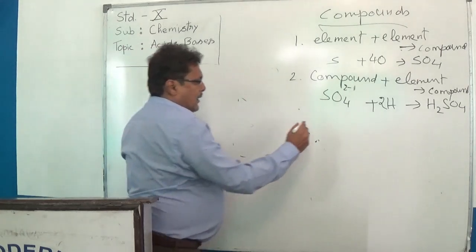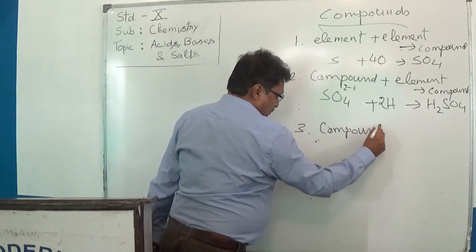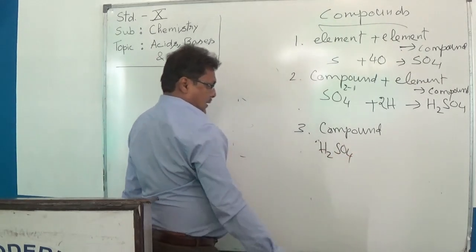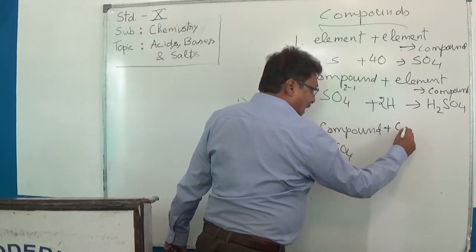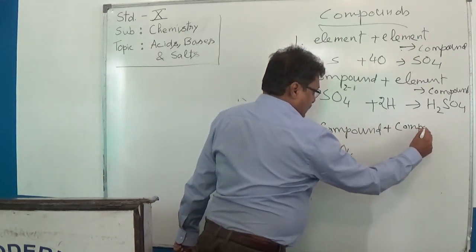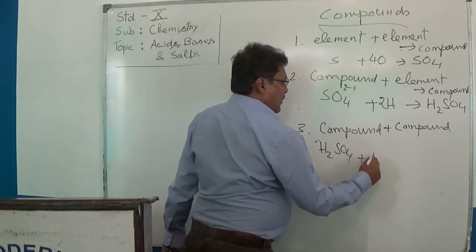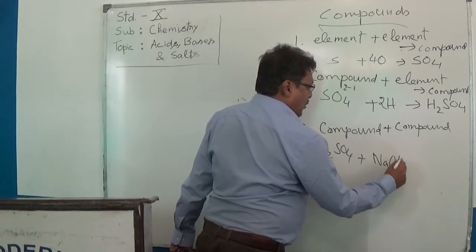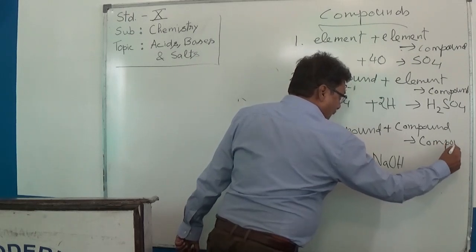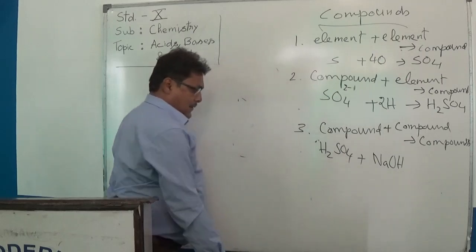If we take one compound, say this one, H2SO4, and combine it with another compound, say sodium hydroxide, NaOH, that also produces another compound, and not only one, that will produce 2 compounds in fact.